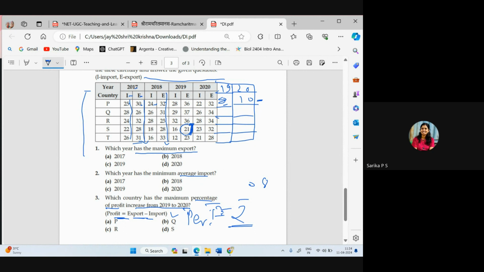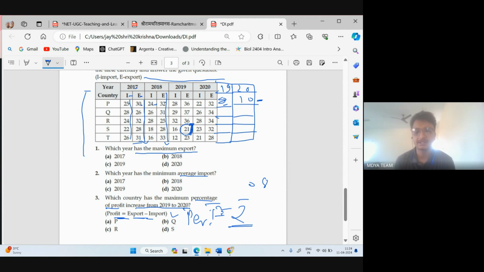If it is time series data, where time is a factor, the source of comparison is always the past value. So 2019 will be the source of comparison. We write 8 here and multiply by 100. So it will be around 25%. The percentage increase is 25% for country P, meaning the profit of country P increases by 25%.